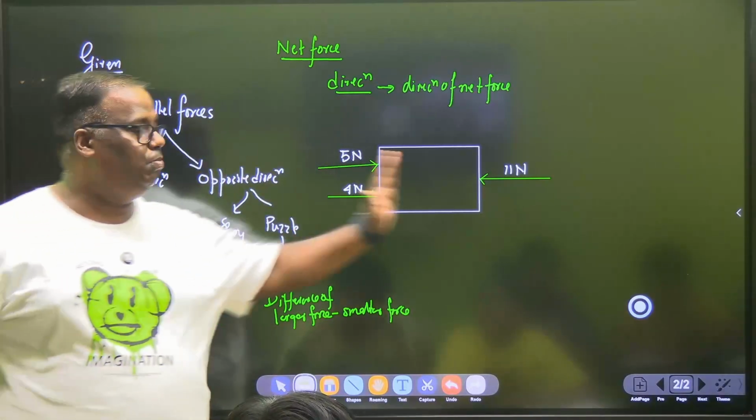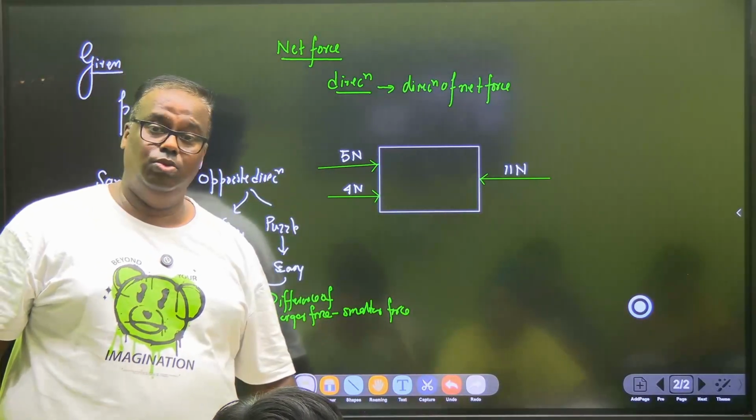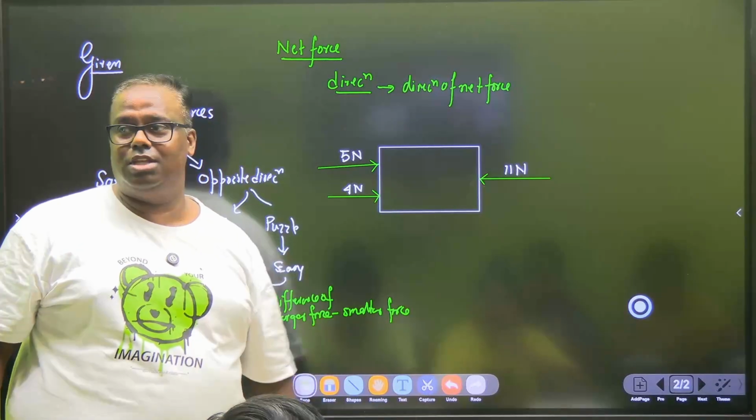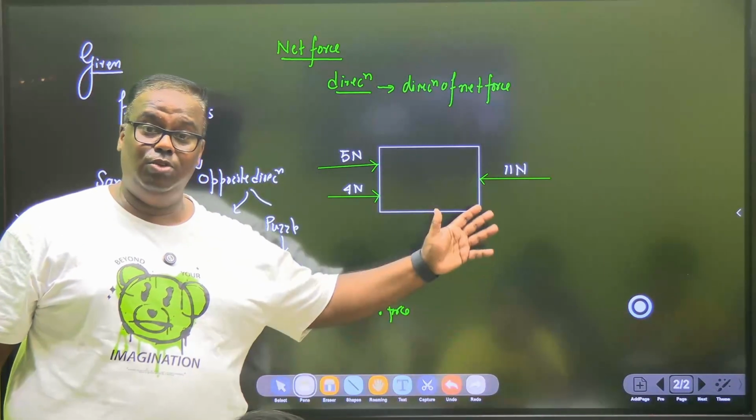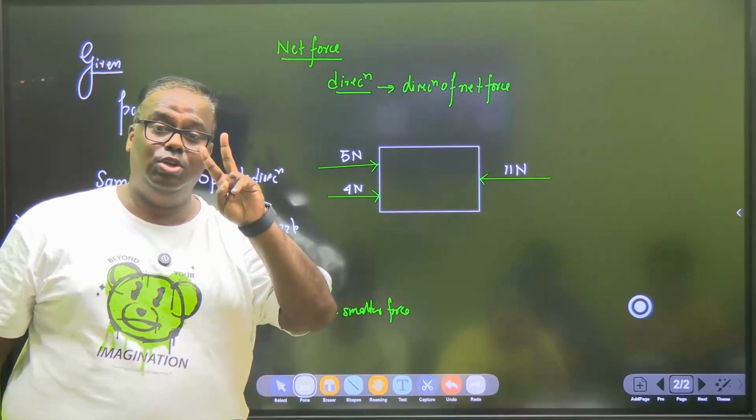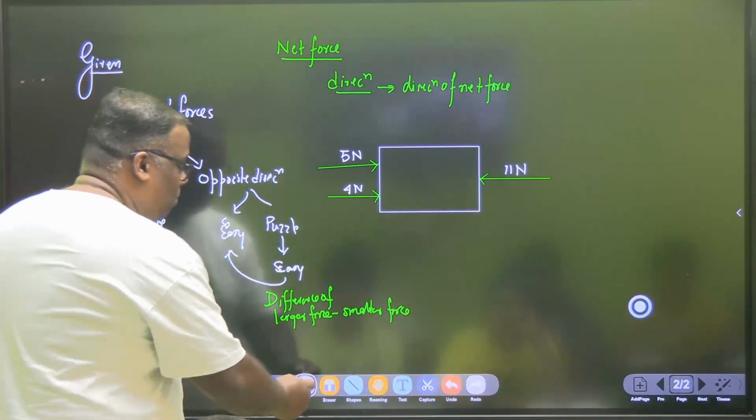How much is the total push on this side? 9 Newton. And how much is the push from that side? 11 Newton. So ultimately, who is winning? 11 Newton is winning by how much? 2 Newton extra.